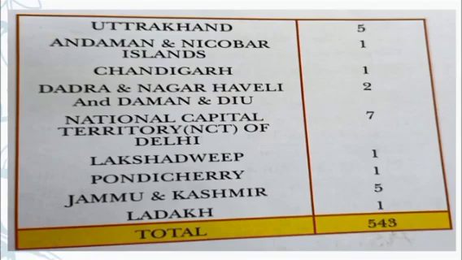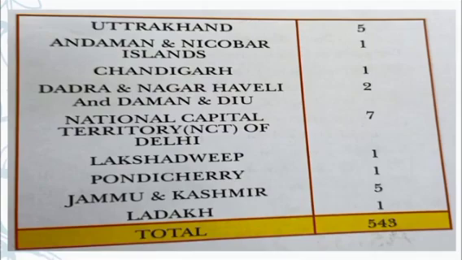In Dadra and Nagar Haveli and Daman and Diu there are 2. In National Capital Territory, that is NCT of Delhi, there are 7. In Lakshadweep there is only 1. In Pondicherry also there is only 1.